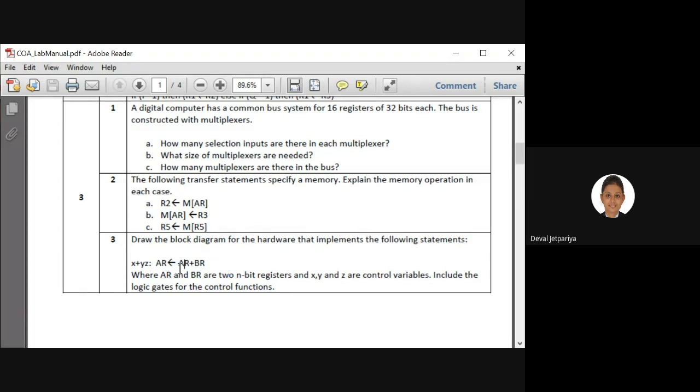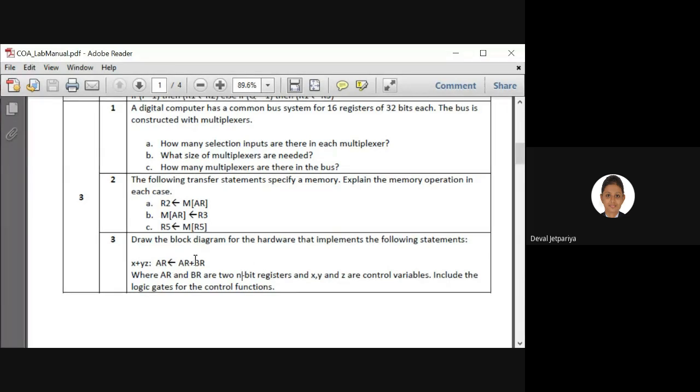So that you can add with the help of an n-bit adder. Here the number of bits is not fixed, so you will require an n-bit adder. You simply put one box where you write n-bit adder, right?